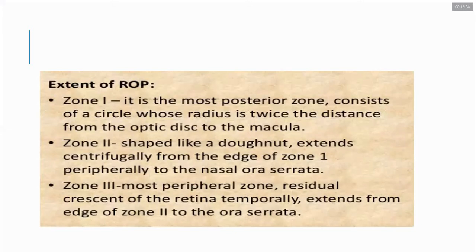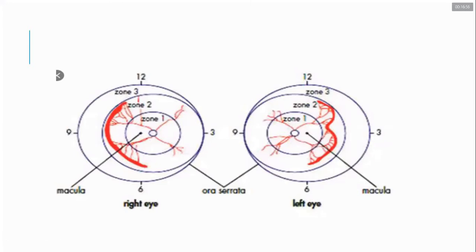If you see from the optic disc, optic nerve head, it is anterior. When you see from the anterior corneal side, then it goes to the posterior. So the most posterior zone consists of a circle whose radius is twice the distance from the optic disc to the macula. So it is posterior to the disc.